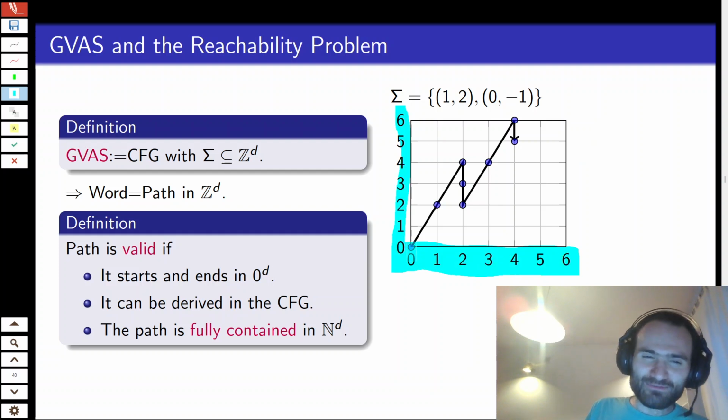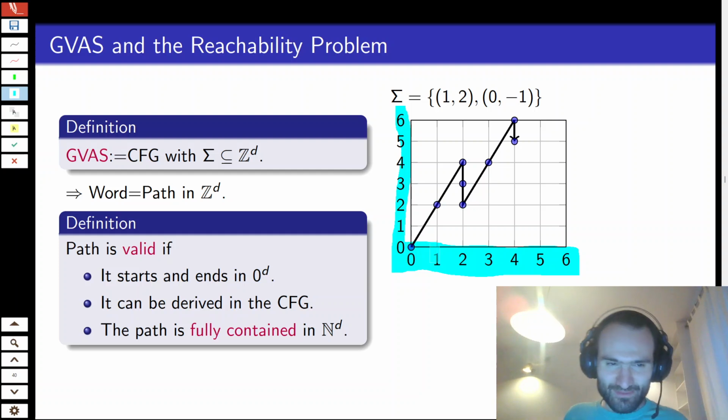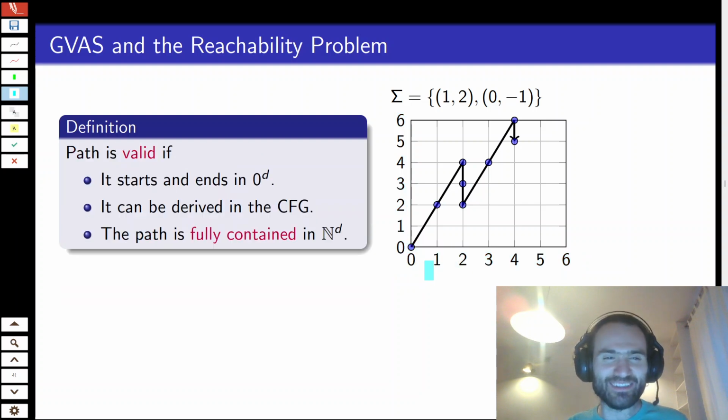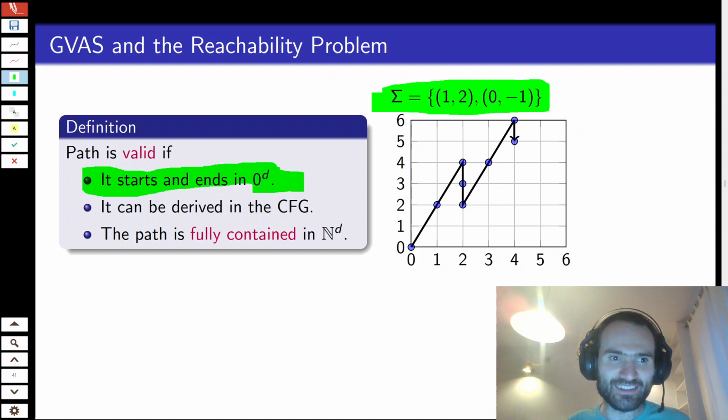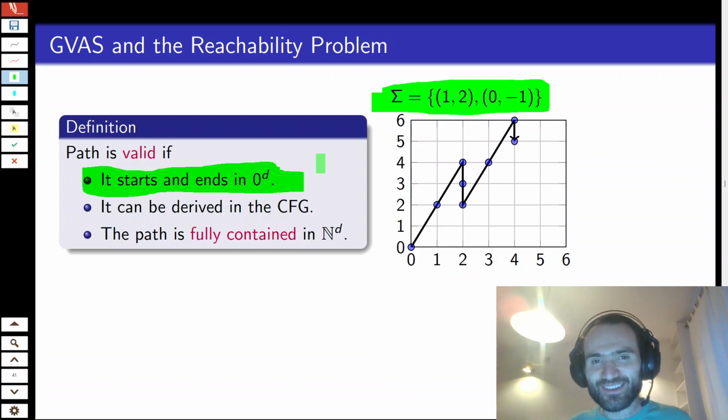Theoretically, you could reach the other parts, but then the path is invalid. We are searching for a path that is valid, so fully contained in N^D. And as a first example, this one here cannot produce any valid path simply because the first condition is already problematic. Once you take any transition, you cannot get back to (0,0).